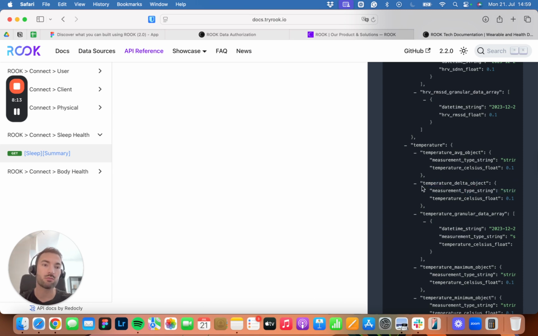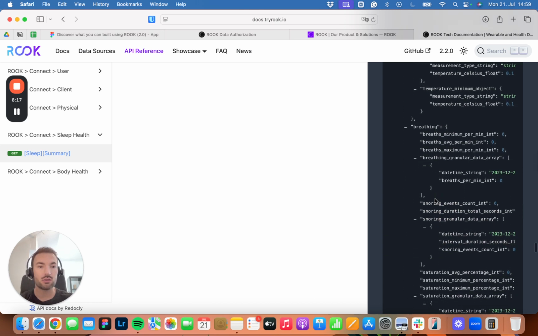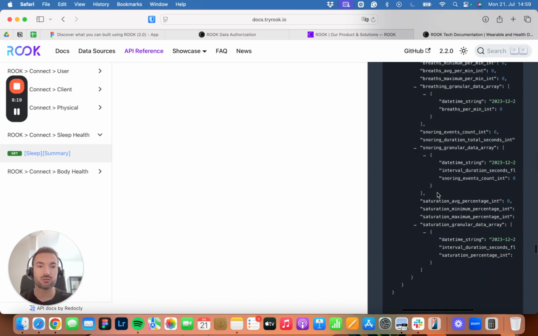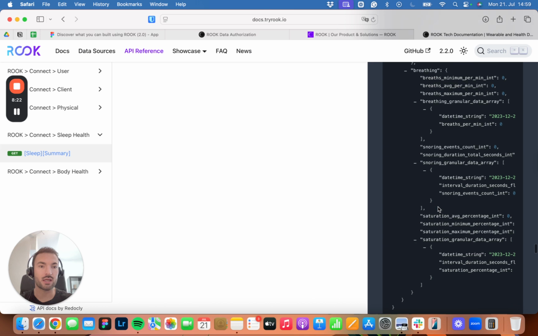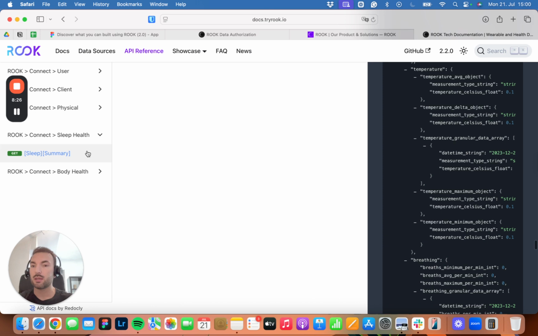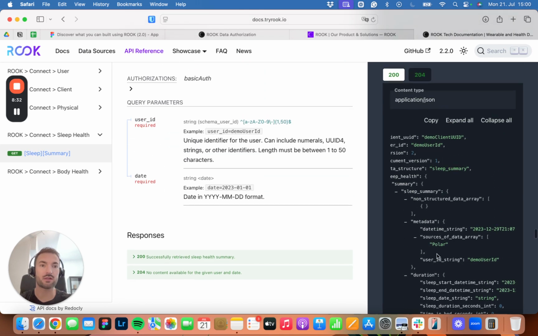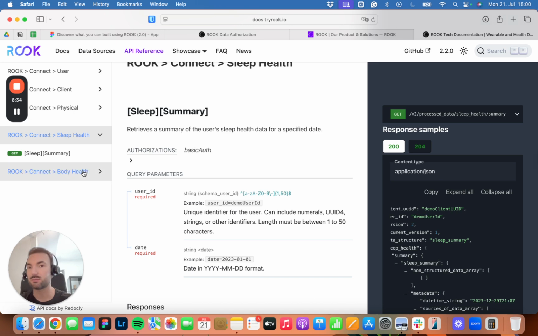So how much is it above or below baseline of the user, breathing rate, and then again, oxygen saturation or things like that can also be tracked often during the night's sleep. Again, it depends obviously what data source we're looking at, what model and what data this model can extract, but that is how the sleep summary would look.